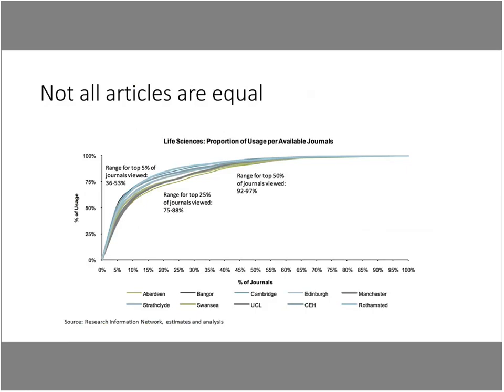There's not a vast amount of publicly available data on usage and readership of articles, but there is some. So a few years ago, 10 universities in the UK aggregated their readership data for journals in life sciences and chemistry. And what you see on the slide is the aggregate data for life sciences.